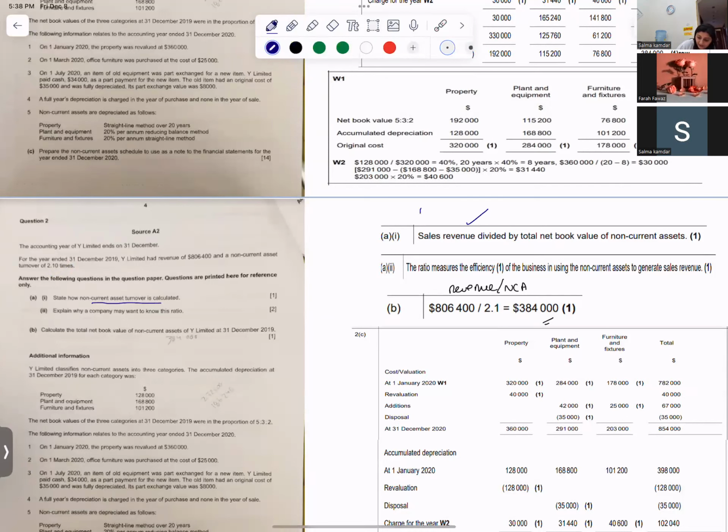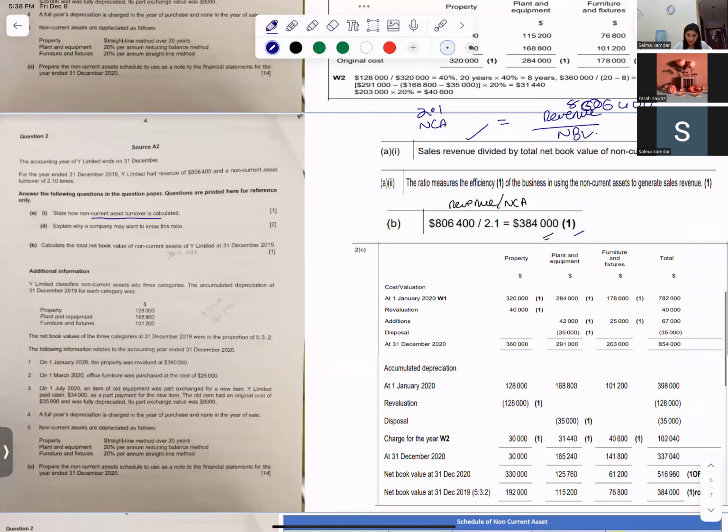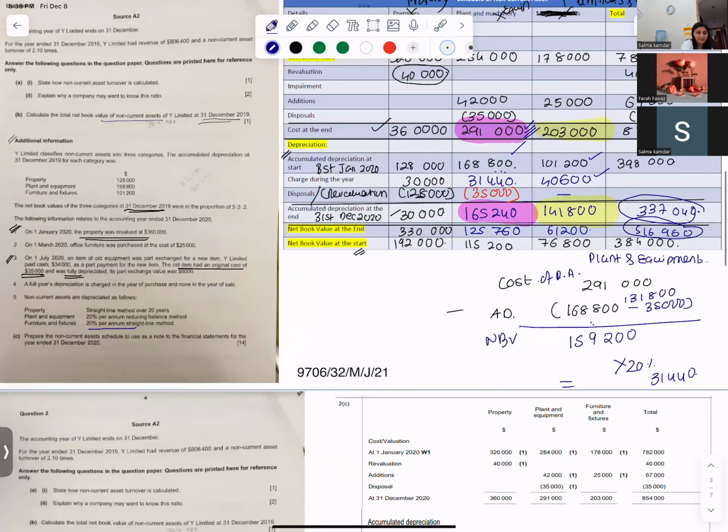This was 2.1 times and the revenue was 806,400, so you got the net book value. And this was the property, plant and equipment schedule. So this completes the sum of May, June 21, paper 32. Correct?